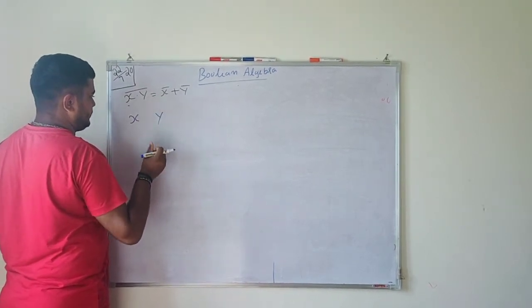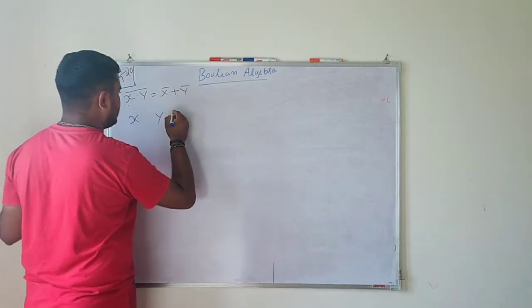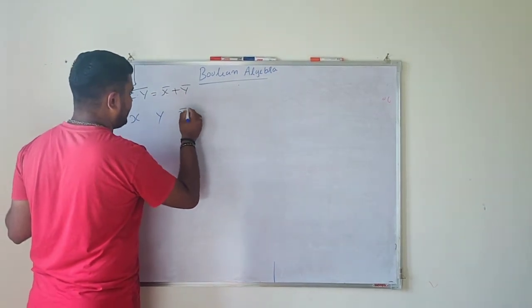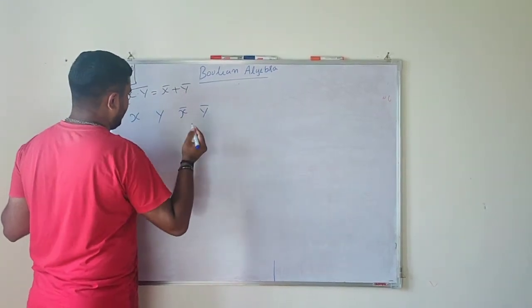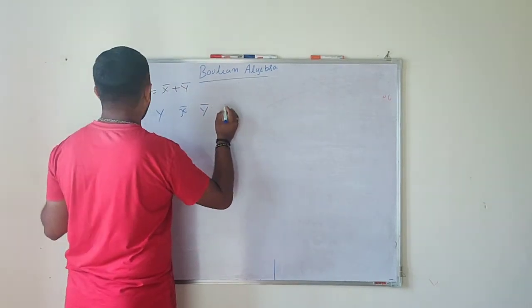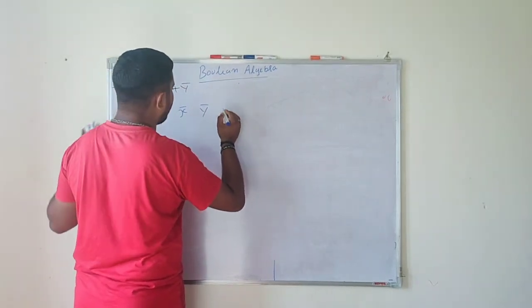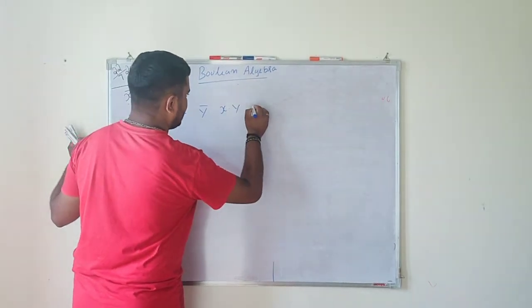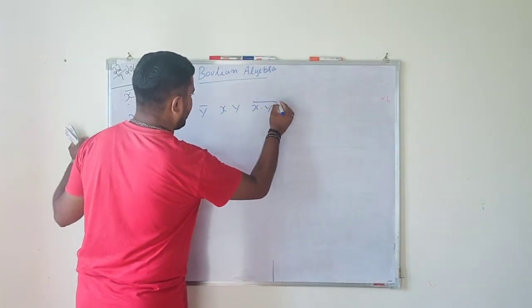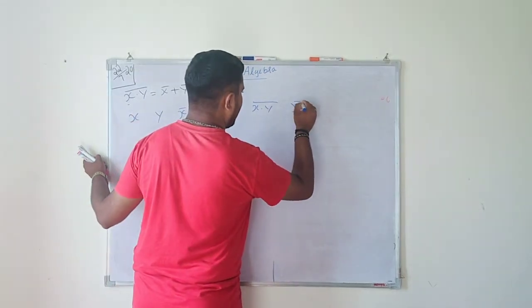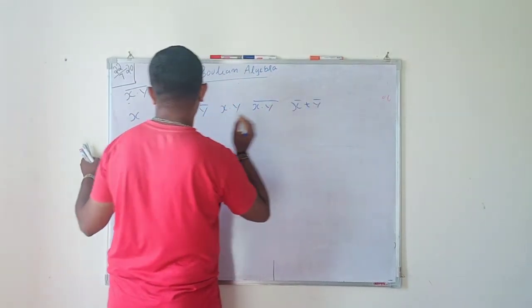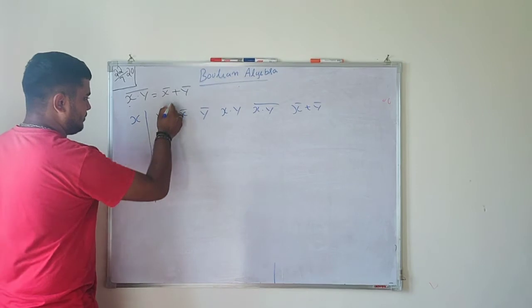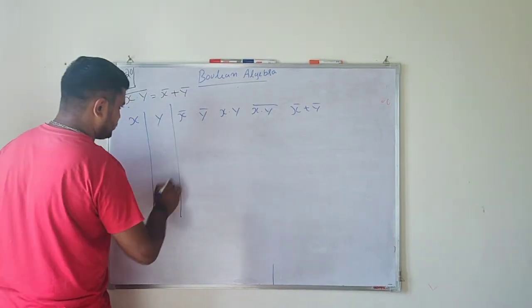Now we should complement them, x bar, y bar. Next we should also complement x into y. So x into y. Okay. Next x into y bar. Last x bar plus y bar. Okay. This is our truth table.